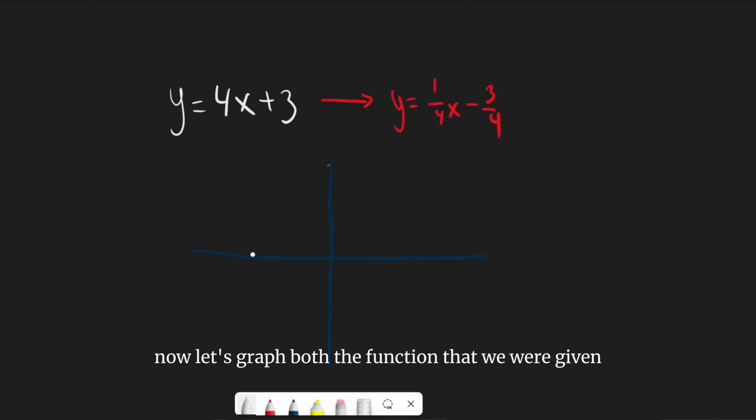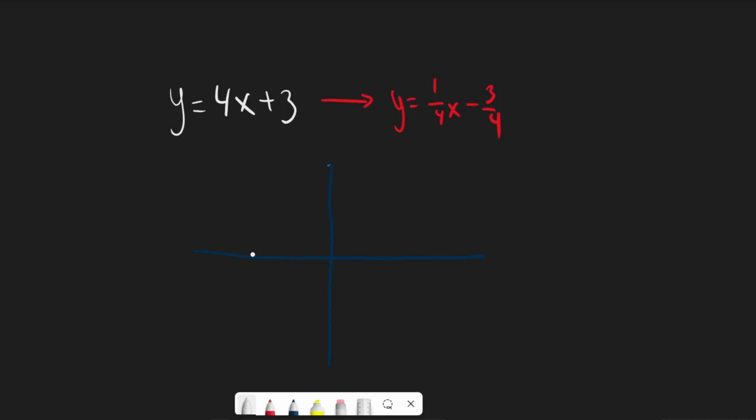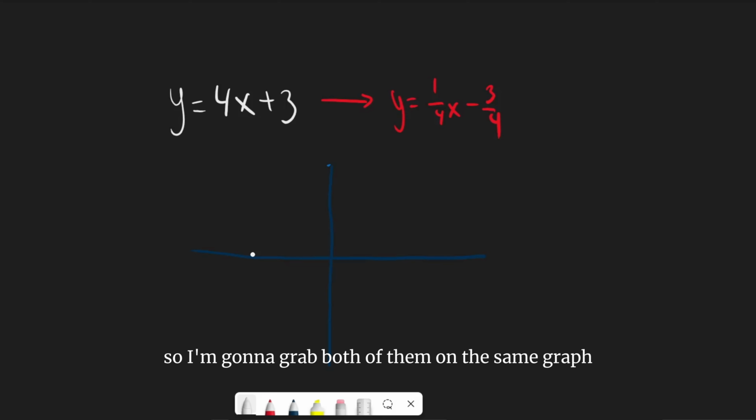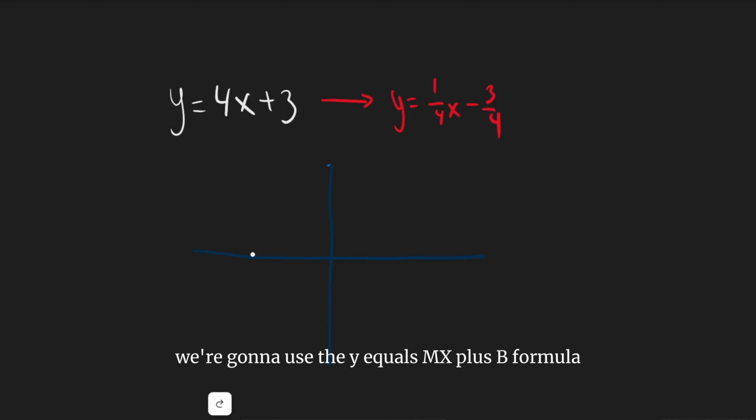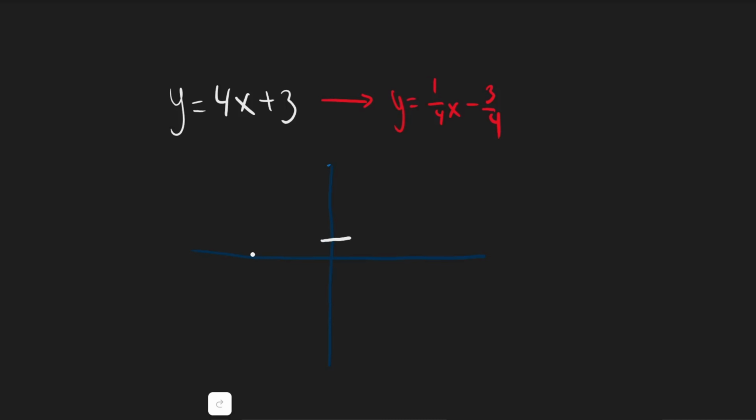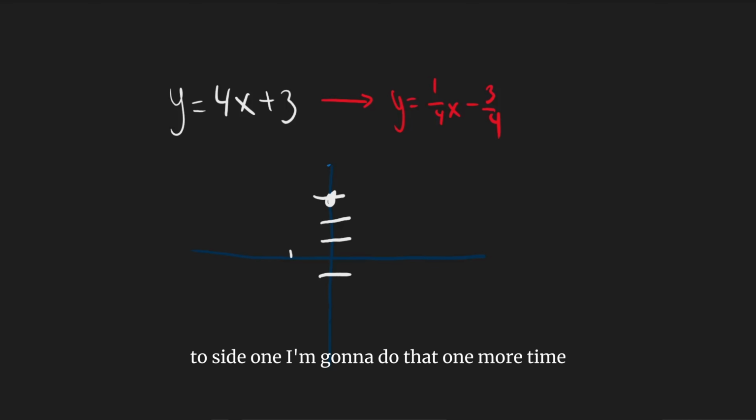Now let's graph both the function that we were given and the inverse of that function. I'm going to graph both of them on the same graph so you can see how they contrast. For the first one, I'm going to put in white. We're going to use the y equals mx plus b formula. This is our b, so that's our y-intercept. So we're just going to go to 3 here. And then we're going to go down 4 and over 1.